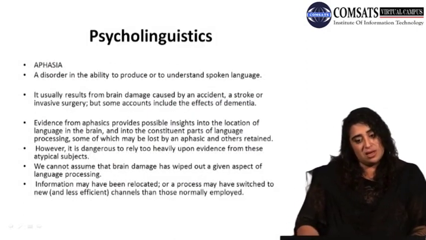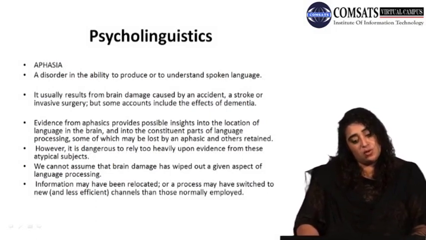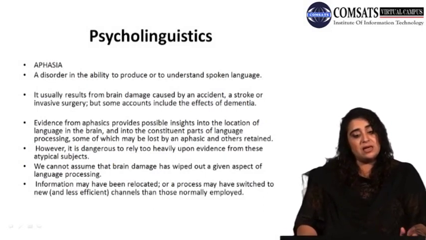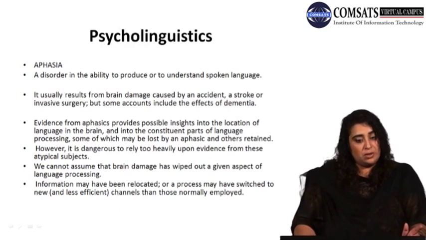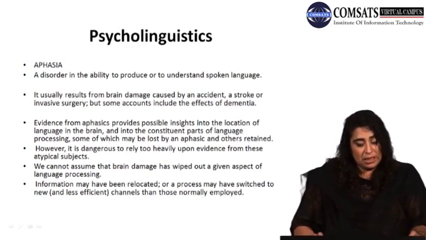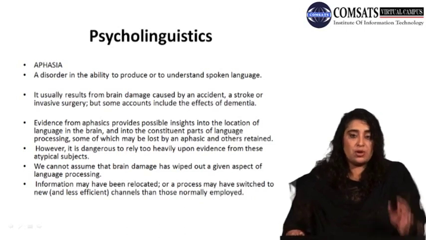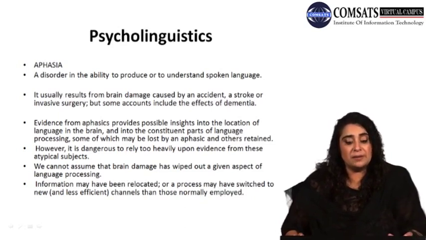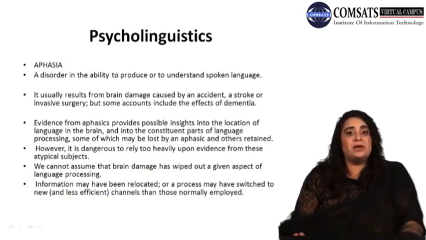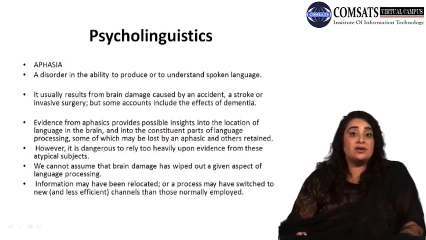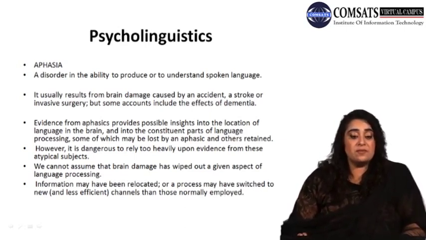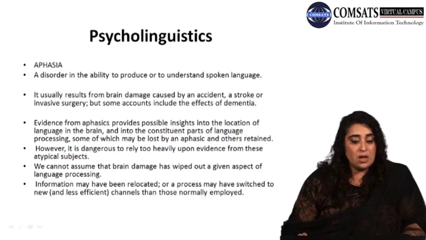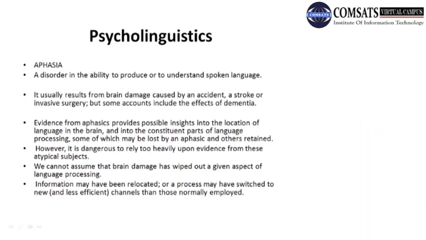So aphasia. Now once again, if we're talking about aphasia, a disorder in the ability to produce or to understand spoken language. Aphasia, like I said, is a brain disorder. So when we're trying to produce a language or trying to understand a spoken language, our disability to do that would be caused because of aphasia, a certain brain disease. It usually results from brain damage caused by an accident, a stroke or invasive surgery, but some accounts include the effects of dementia.